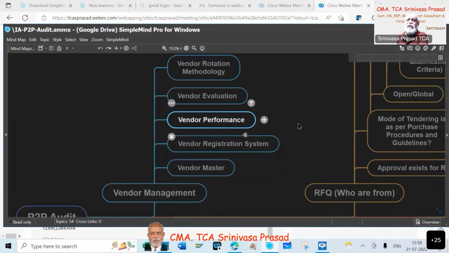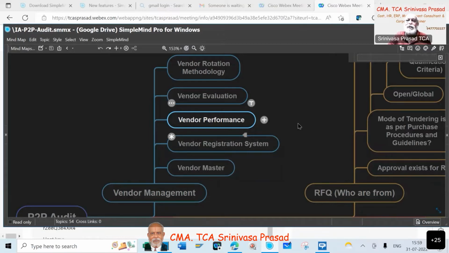We'll have to look at everything. Has he sent it properly? Is the packaging all right? So we will have to look at the vendor performance based on quality, quantity, time, price, all those things, and after sale service, isn't it? Many of the products may require after sale service.